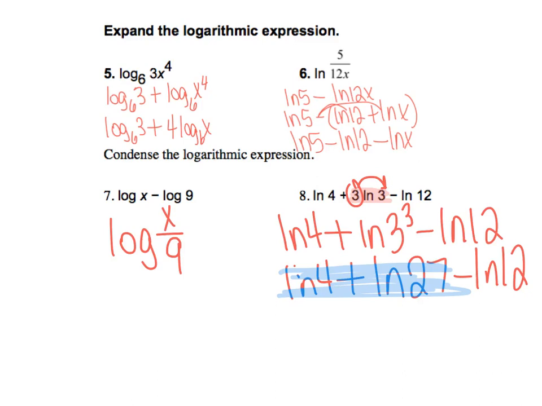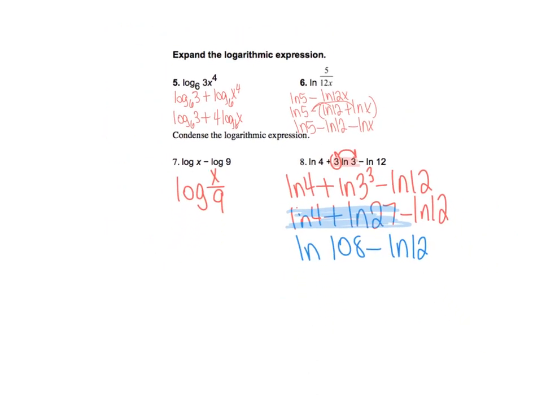If they are being added together, that means we multiply. So we'd have the natural log of 4 times 27, which is 108, minus the natural log of 12. And finally, that's subtraction, which means we would actually be dividing: the natural log of 108 divided by 12, or the natural log of 9.